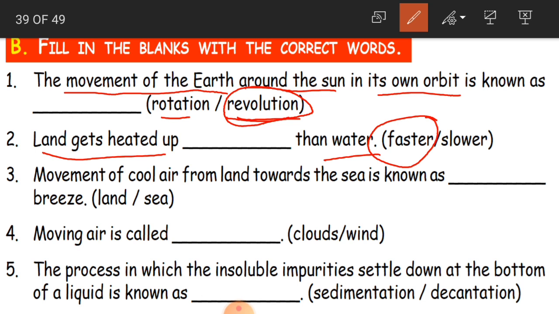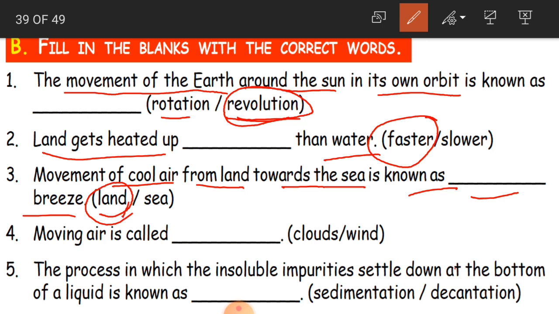Okay. And the third question is, movement of cool air from land towards the sea is known as dash breeze, whether land breeze or sea breeze. So movement of cool air from land towards the sea is known as land breeze.